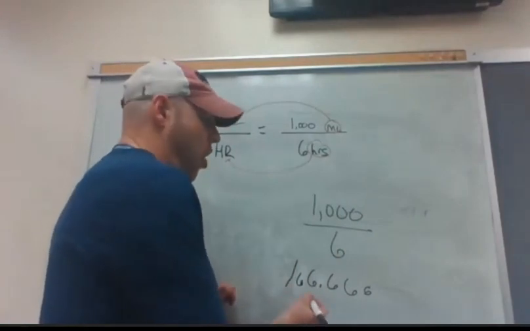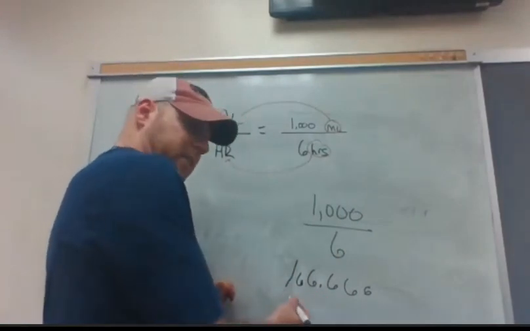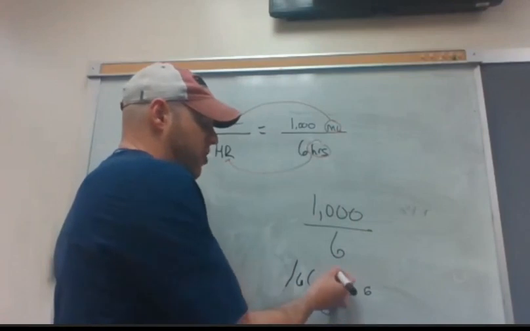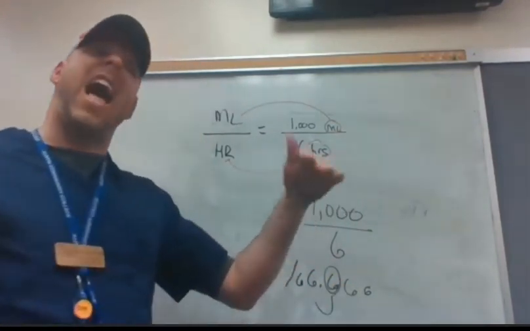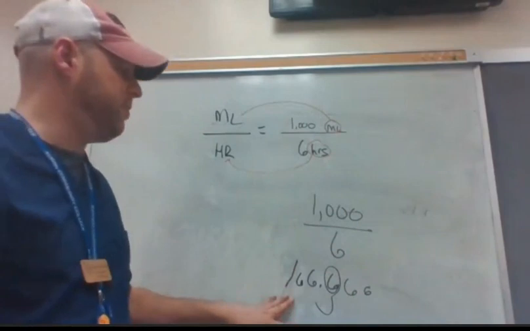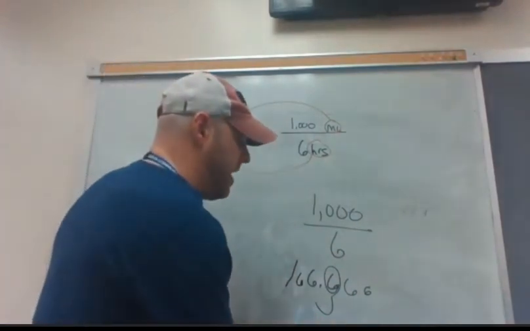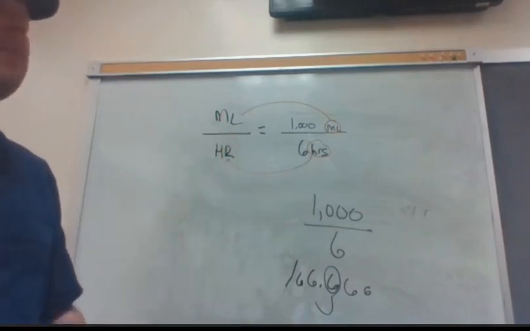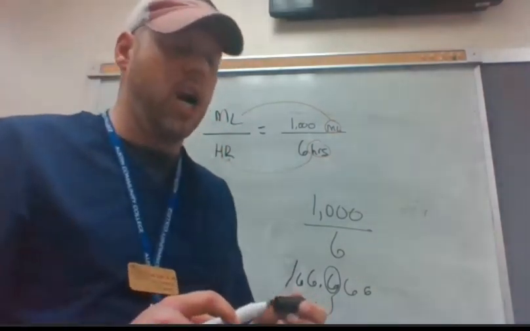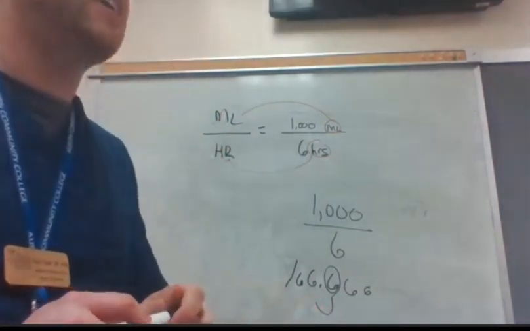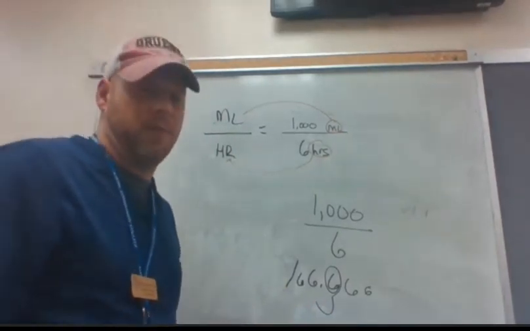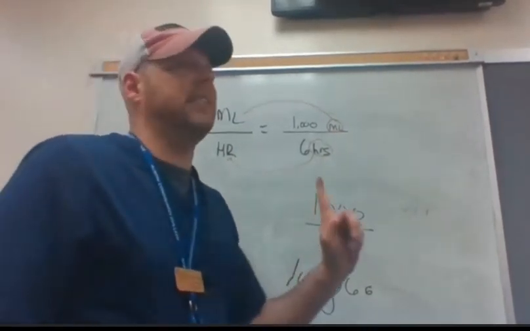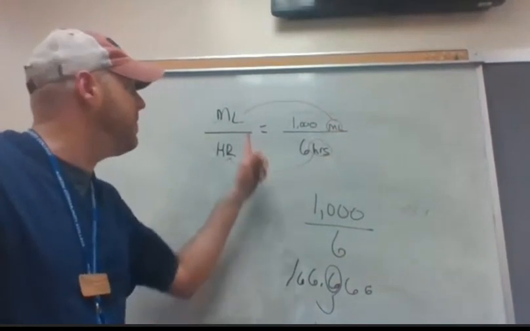We know whole numbers are left of the decimal, so I need to go next door to the friend, and it's 5 or greater, which means I will round up. It is now 167 milliliters per hour.